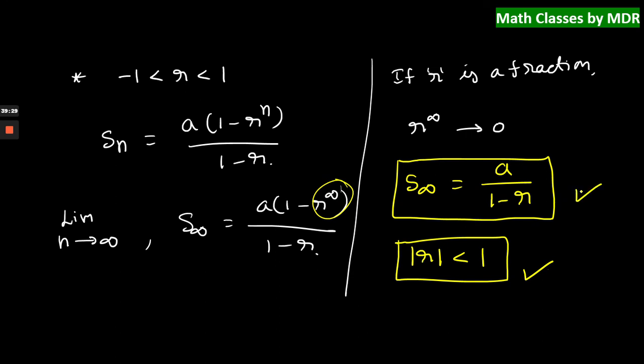It is very easy to calculate, right? But what if r is greater than 1 or less than minus 1? Then the geometric series diverges. That is, the sum of the elements in the geometric sequence tends to infinity.